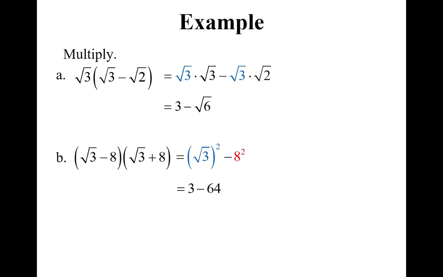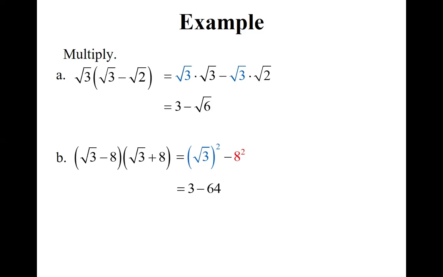We have that special formula for a difference of squares. If we notice that one has a minus, the other has a plus, but everything else is the same, radical 3 in the first spot, 8 in the second spot, 1 minus, 1 plus, we can square the first minus square the second because the outer and the inner, when we FOIL, cancel away.